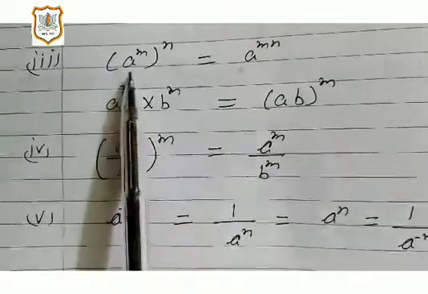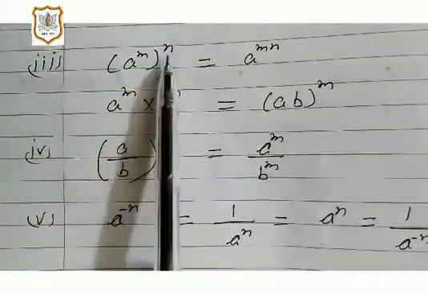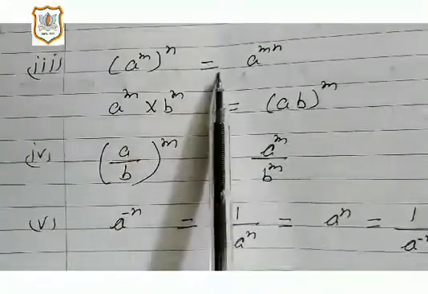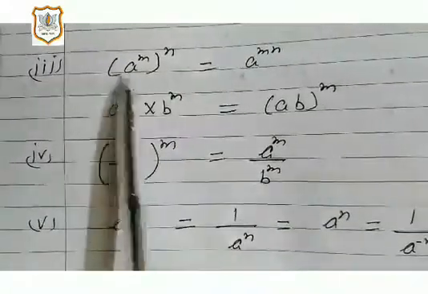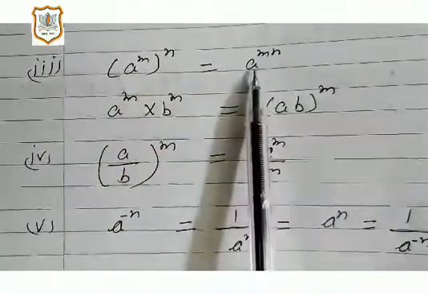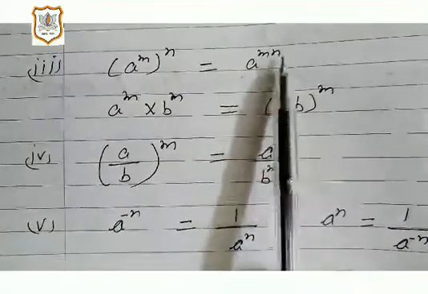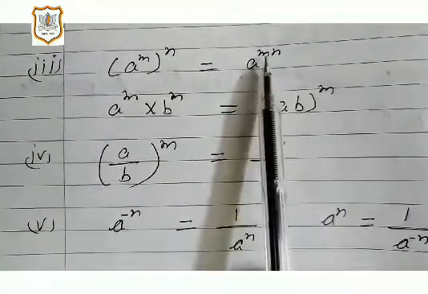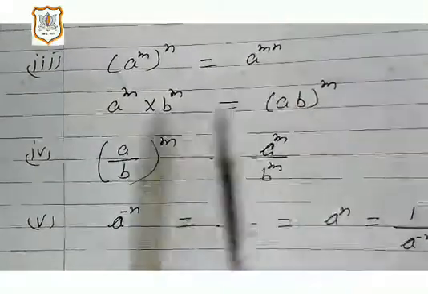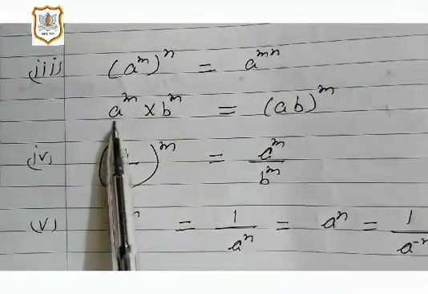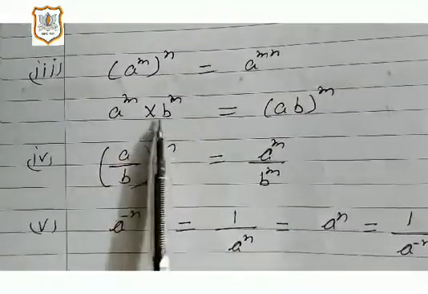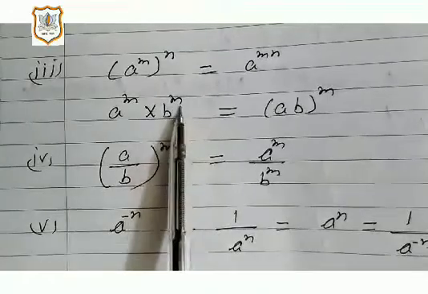Next, a raised to the power m, bracket raised to the power n is equal to, when we open the bracket, we write a raised to the power mn. We multiply m by n. Next, a raised to the power m multiplied by b raised to the power m.